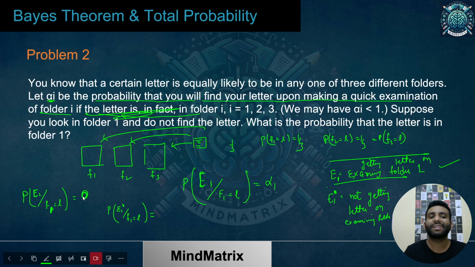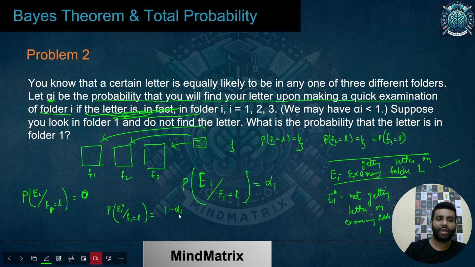If F1 has my letter, then the probability of not getting my letter is 1 minus alpha 1, because I know in this particular folder I have the letter and I'm checking the same folder. The probability of getting it is alpha 1. And if my letter is in some other folder and I'm checking some other one, then the probability of finding it is 0.